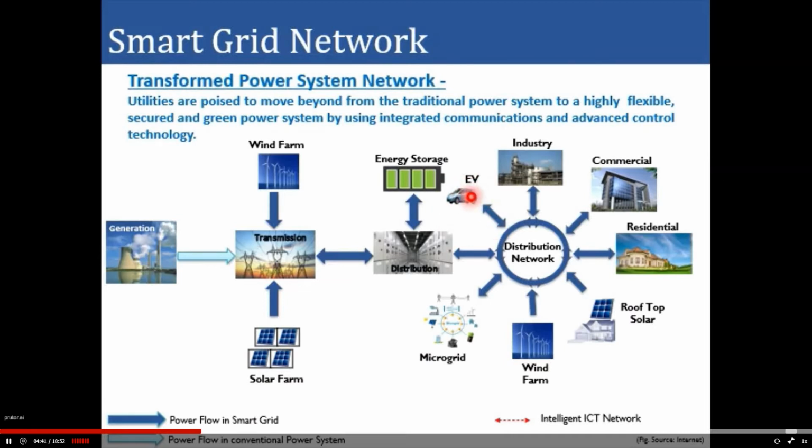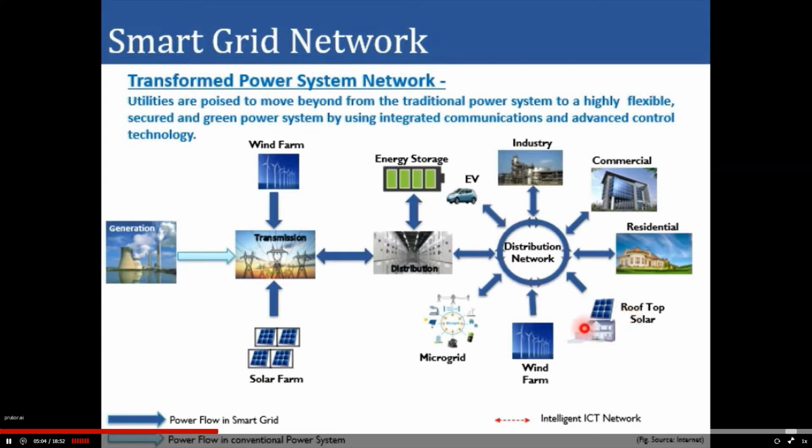So when the EV is integrated into the distribution network, it can supply the stored power back to the grid when there is an emergency. So it means that the electric vehicle can also be considered as a generator as well as a load at different points of time.